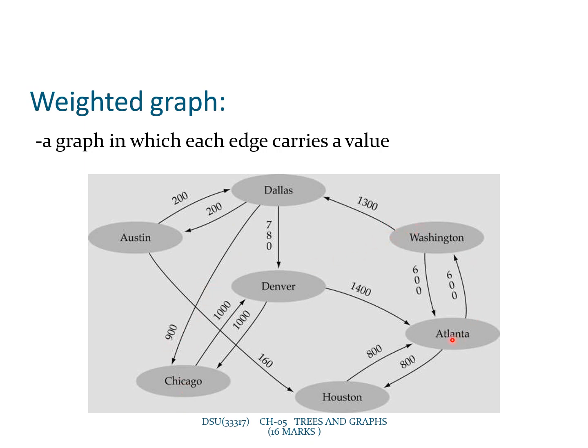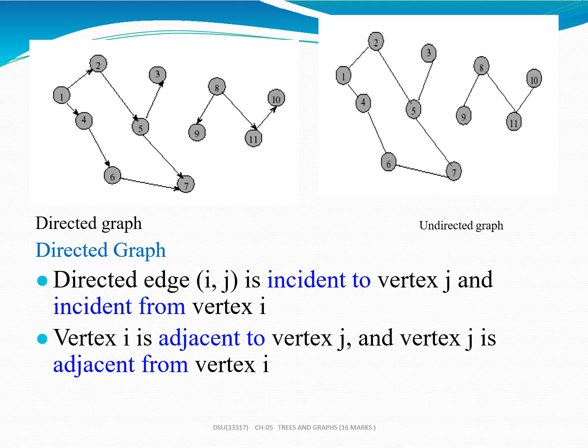Then Washington to Atlanta, it has 600, and Atlanta to Washington has 600. Each and every edge has a value. So these are the diagrams for directed graph and undirected graph. Directed graph means directed edge (i, j) is incident to vertex j and incident from vertex i. Vertex i is adjacent to vertex j and vertex j is adjacent from vertex i.